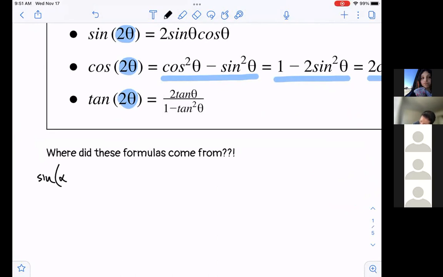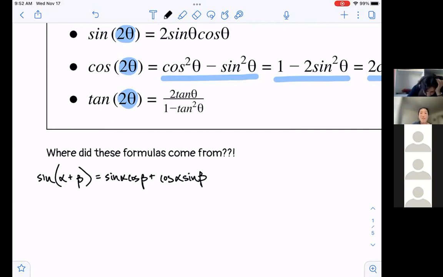Sine of alpha plus beta. Can someone give me the formula from Monday's lecture, video or notes, about what that formula is? Sine alpha times cosine beta plus cosine alpha times sine beta. Beautiful.